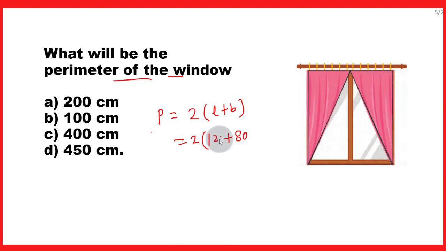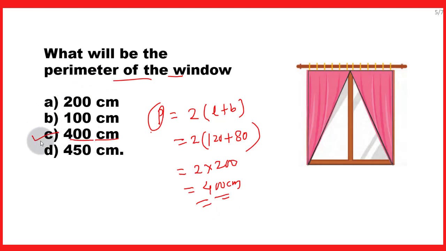So here it will be 120, and therefore it will be 2 into 200, and that is equal to 400 centimeter. So the perimeter is equal to 400 centimeter. So the perimeter of the window will be 400 centimeter. Therefore option C is the correct option.